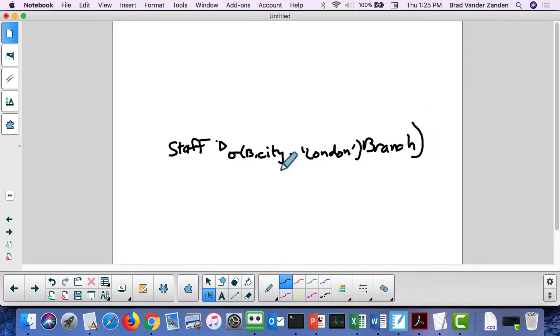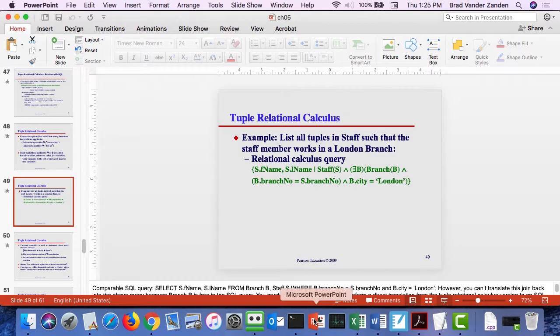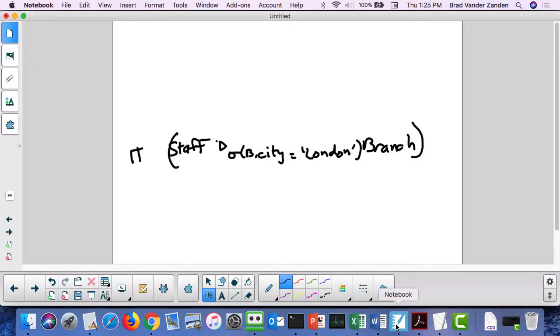And I was projecting out, what was I projecting out? Staff dot first name and staff dot last name. So over here, S dot first name and S dot last name. So all I was doing there was a semijoin. That relational calculus query was a semijoin.